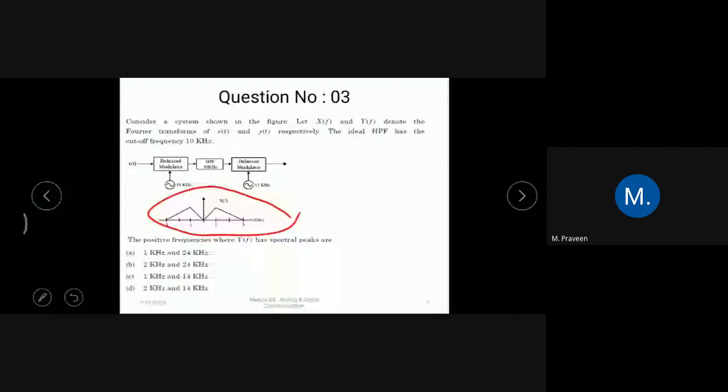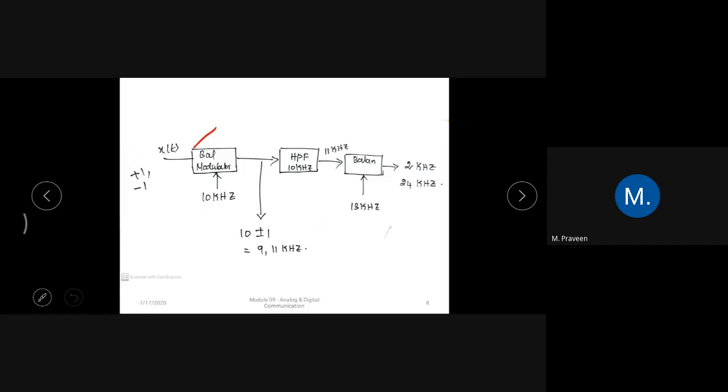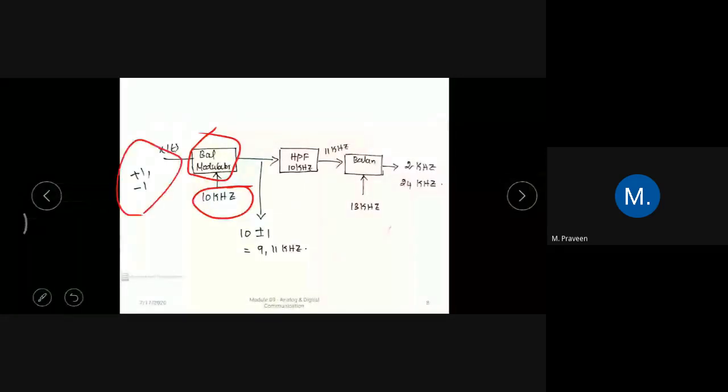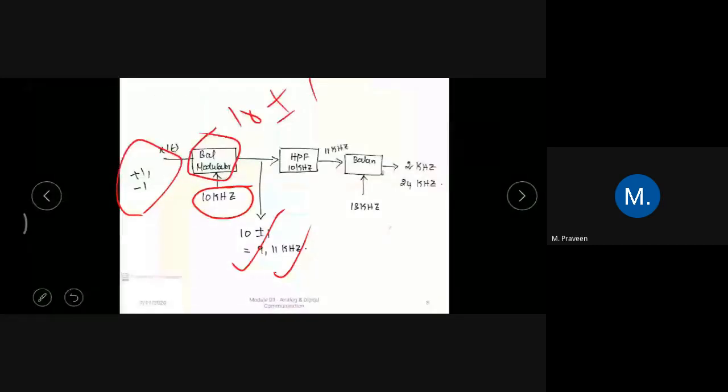Okay. Let us first consider the first balanced modulator. It takes two inputs, one from the input x of t, the other from the local oscillator. We know that the local oscillator frequency is 10 kilohertz, and the input is maximum at +1 and -1. Then the output of the balanced modulator is nothing but 10 plus or minus 1, which is 9 kilohertz and 11 kilohertz, and this is passed to the high pass filter with the cutoff frequency of 10 kilohertz.